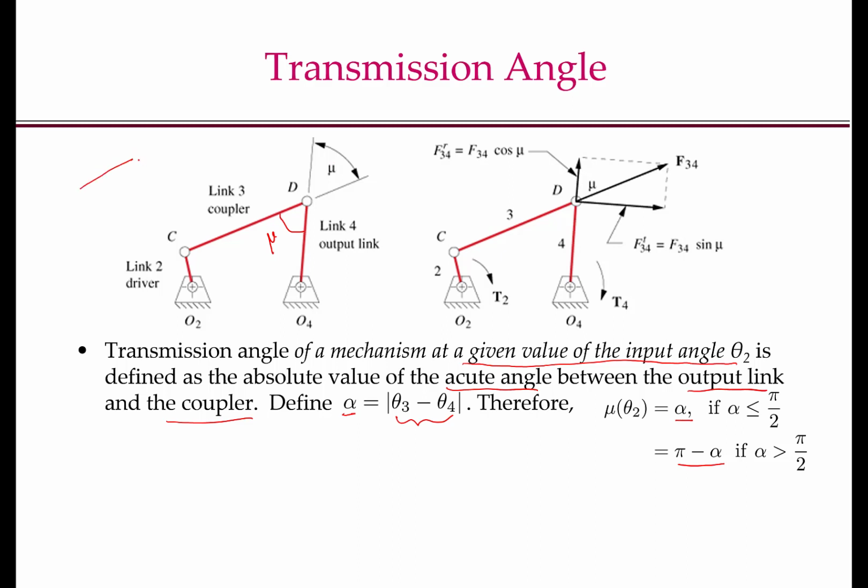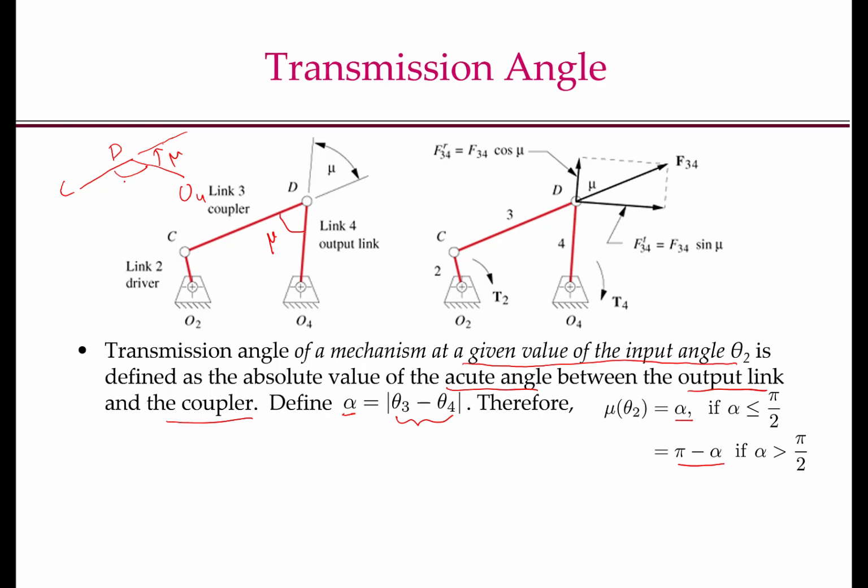However, if my picture looked like this, where this was C, this was D, and this was O4, the transmission angle would have been this angle mu and not this angle, which is bigger than 90 degrees. The takeaway point is that the transmission angle of any mechanism for a given value of the input angle θ2 is always between 0 and 90 degrees.